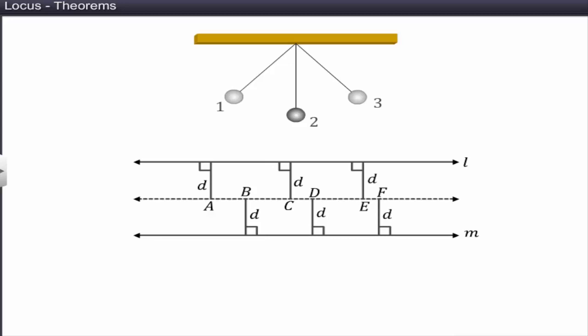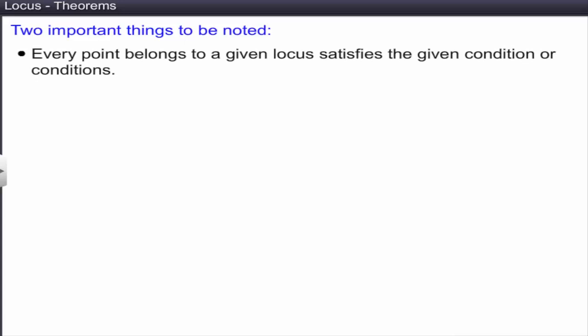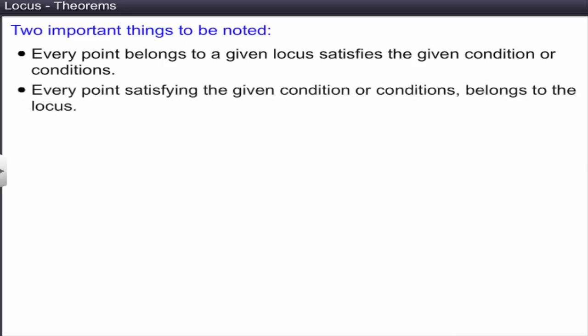There are two important things to be noted here. Firstly, every point belonging to a given locus satisfies the given condition or conditions. Conversely, every point satisfying the given condition or conditions belongs to the locus.